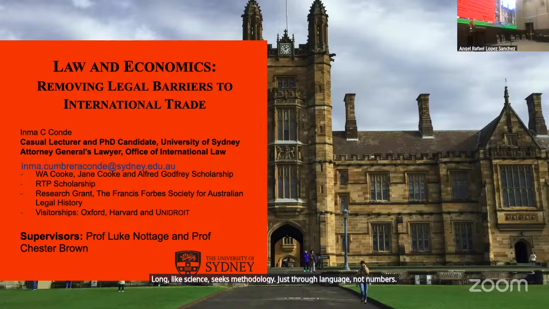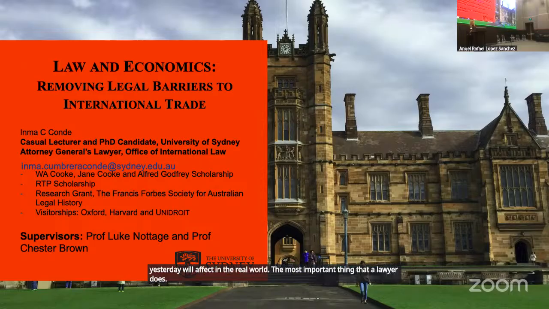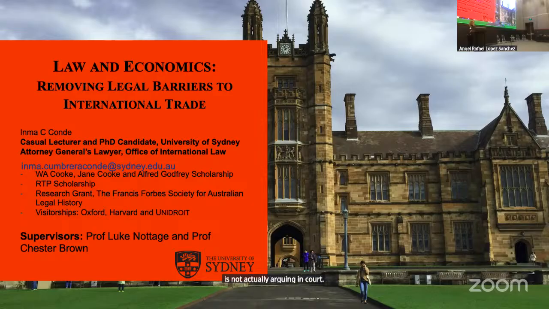And that's exactly what I do with law. I study how small linguistic decisions, like a word, a comma, or a clause, can have a massive, measurable effect in the real world. The most important thing that a lawyer does is not actually arguing in court. It is interpreting words.